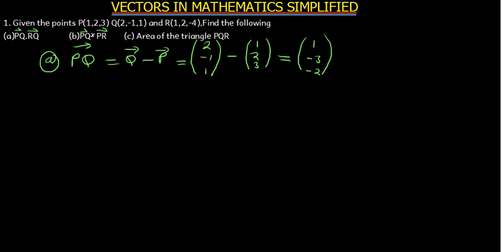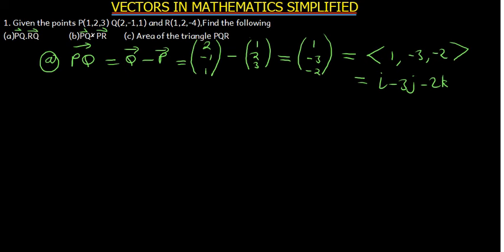So we can write this in vector form in this manner. Or I can say this is just equal to i minus 3j minus 2k. All these are expressions in which we can write them.